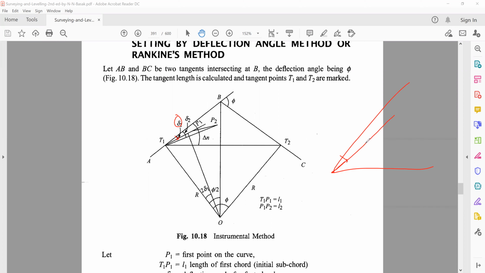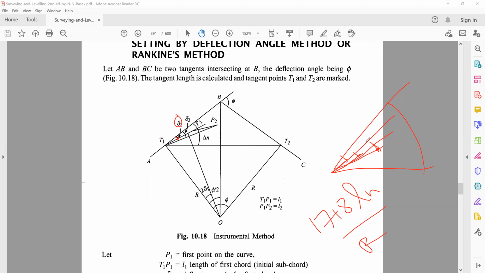Now, for the next point, let's say the point is here, the deflection angle is from the previous point to the next point. Similarly, for the next line, the deflection angle is from the previous point to the next point. So that is why this deflection angle value remains constant. It was 1718 multiplied by ln divided by r.